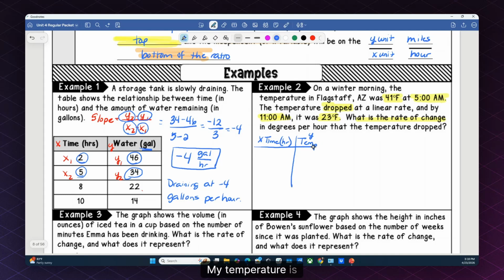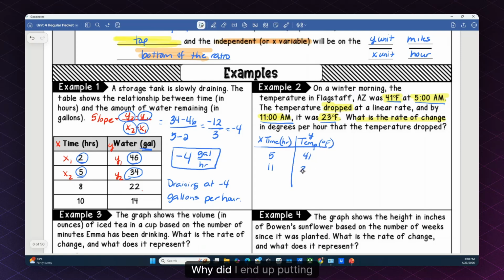My temperature is going to be in degrees Fahrenheit. Let's put our data points in here. At 5 a.m., it was 41 degrees Fahrenheit. At 11 a.m., it was 23 degrees Fahrenheit.